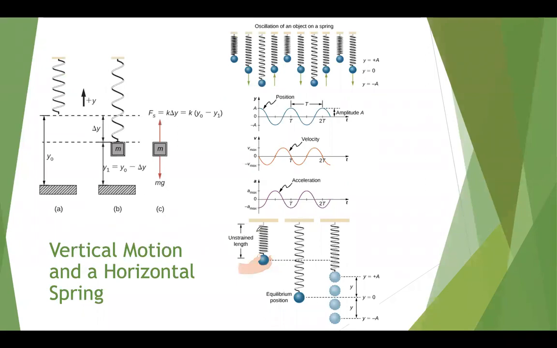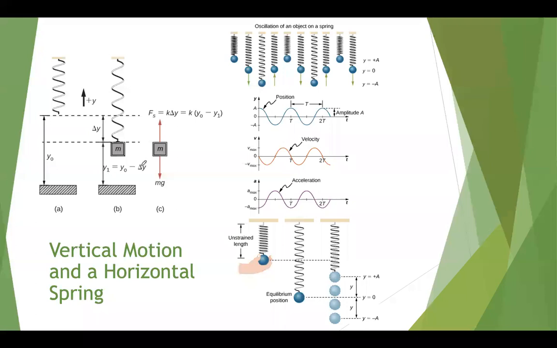Now we can look at vertical motion and a vertical spring. So let's first look at this situation here. This spring will be at rest at some height, y0, or y naught. Now, when we place an object on the end of that spring, the spring gets elongated by some amount, and this is called delta y.